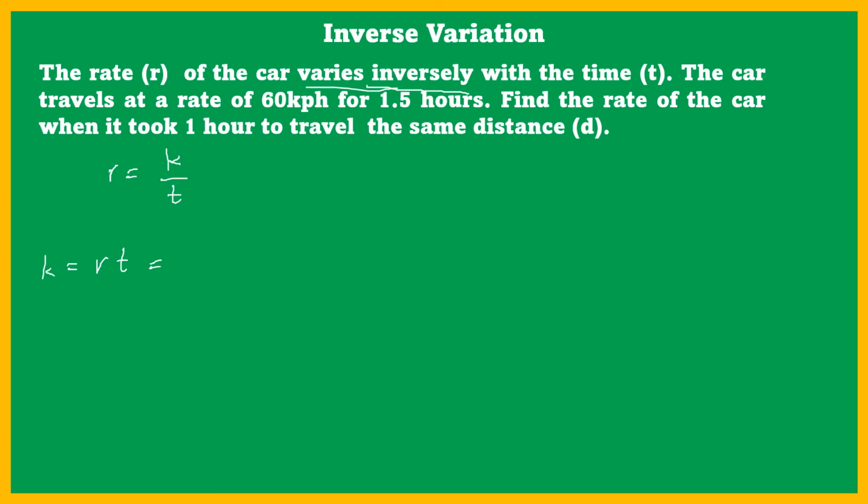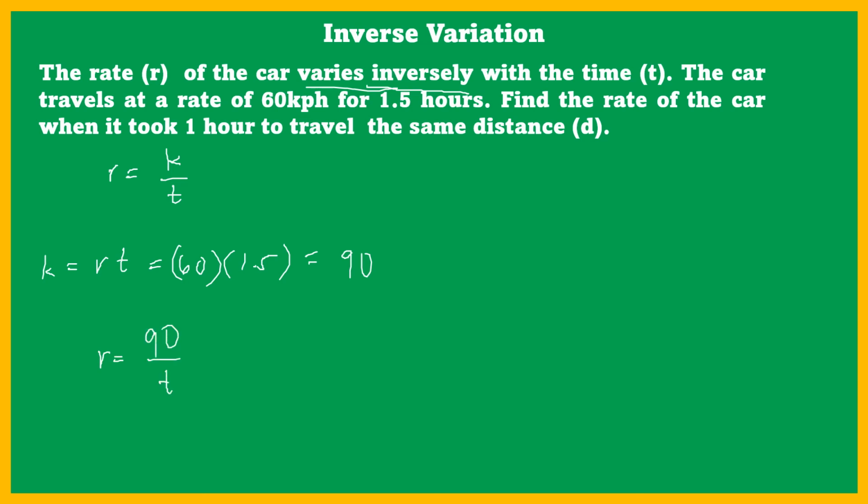And in our problem, the first given is that the rate is 60 and the time is 1.5. Now, multiplying this, we will have 90. Okay? So, our constant of variation is 90. And then, proceeding by substitution, we have r is equal to 90 over t.